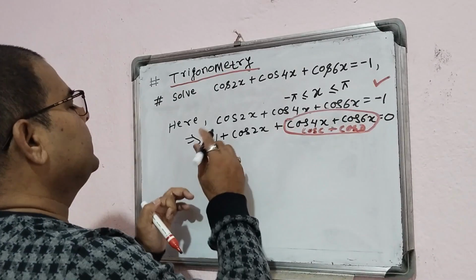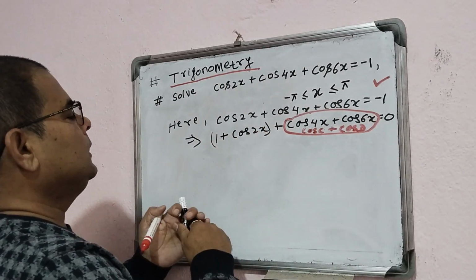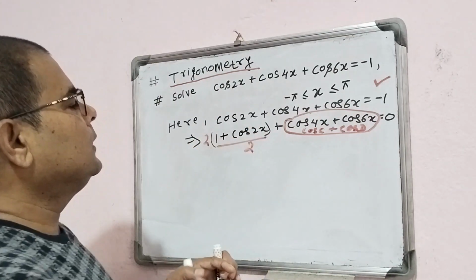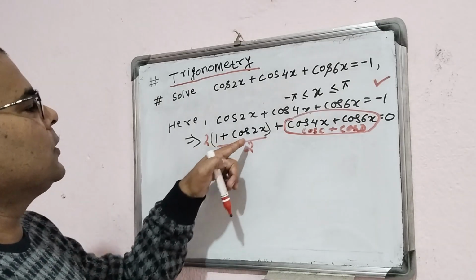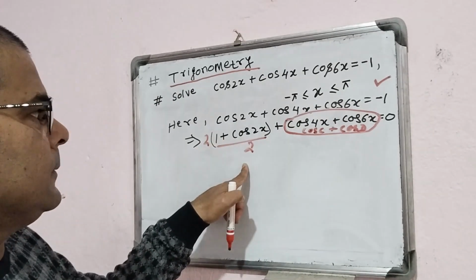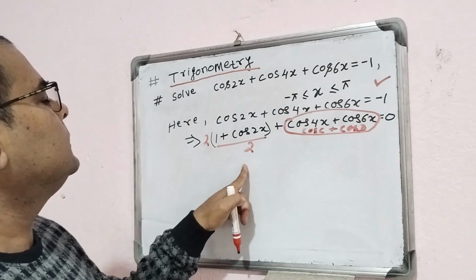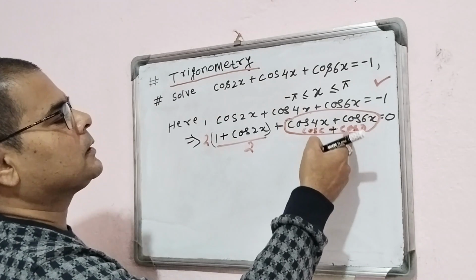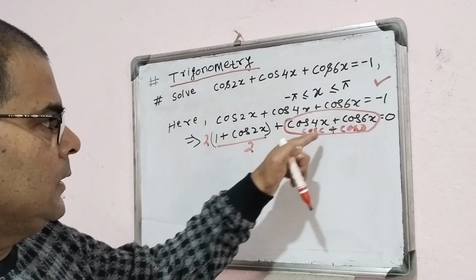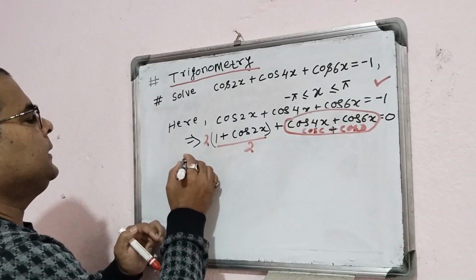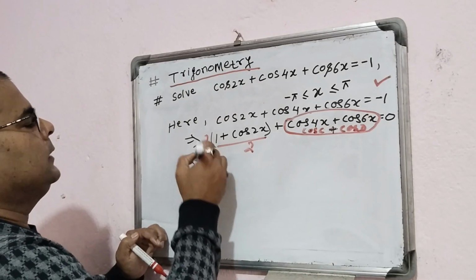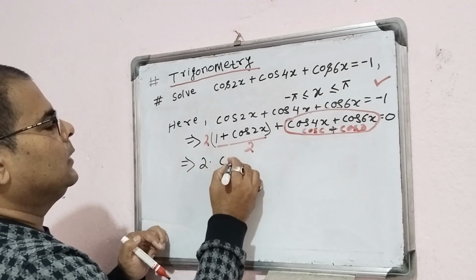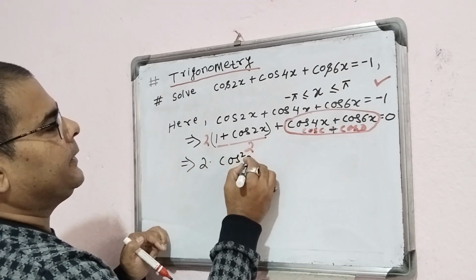In this part, if you multiply by 2 and also divide by 2, then you know that 1 plus cos 2x, by 2, equals cos square x, so you should be confident in applying the formula in real time. And similarly you can apply the cos c plus cos d formula in these two terms. So let's go ahead. After that you can see that 2 is here, and 1 plus cos 2x by 2 is cos square x.